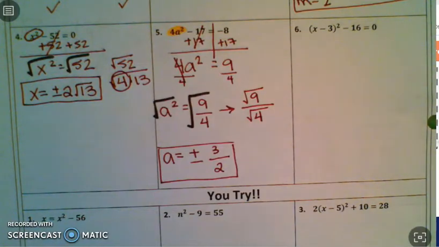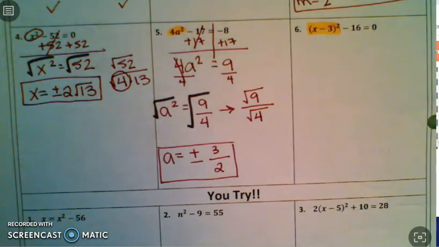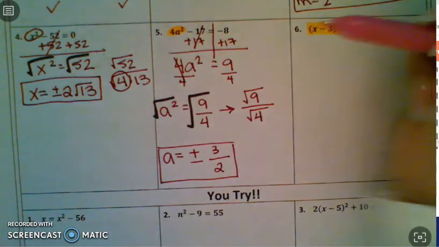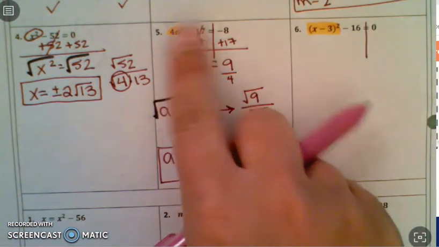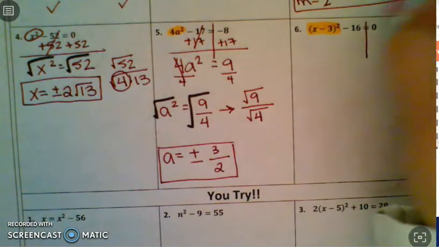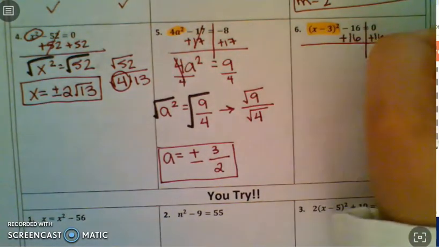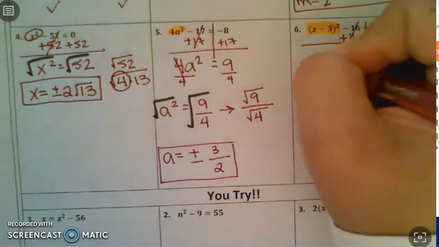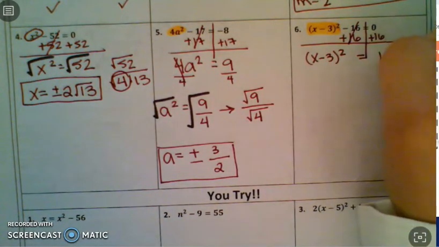Our final problem has a little bit more to it because now, number 6, the squared piece is all of that, but that's okay. So I need to get all of that by itself. So just like we did over here, we have to move the 16 to the other side by adding 16. So now I have x minus 3 whole thing squared equal to 16.